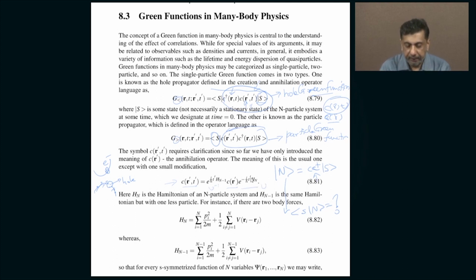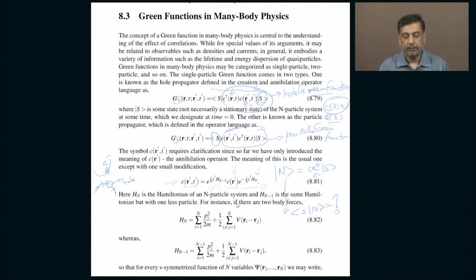But keep in mind that the evolution operator clearly involves the Hamiltonian of the system, and the Hamiltonian of the system has a fixed number of particles. I mean, you have to specify the number of particles before you specify the Hamiltonian. So, clearly that Hamiltonian is a function of the number of particles, which is why I have written a subscript capital N signifying the number of particles.